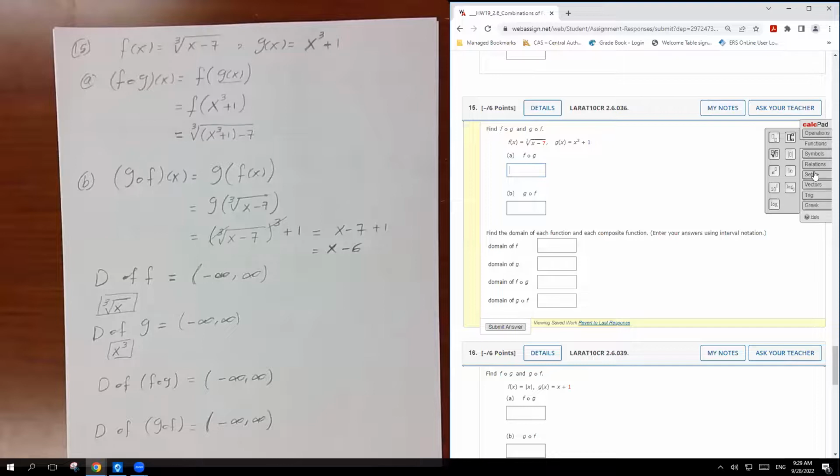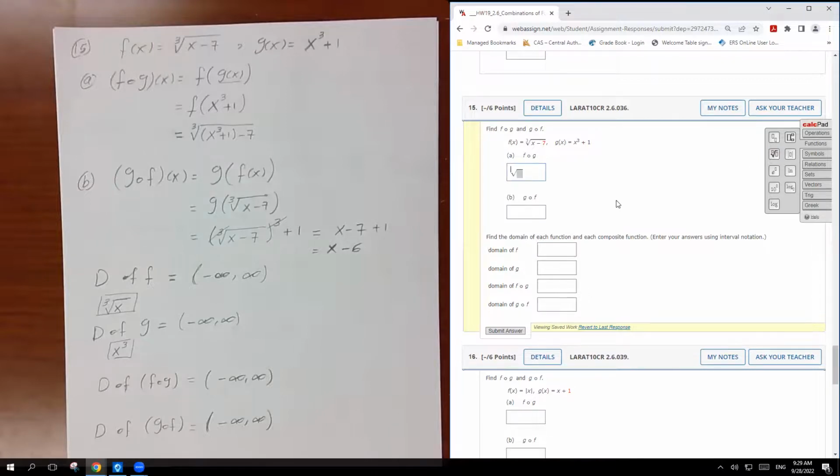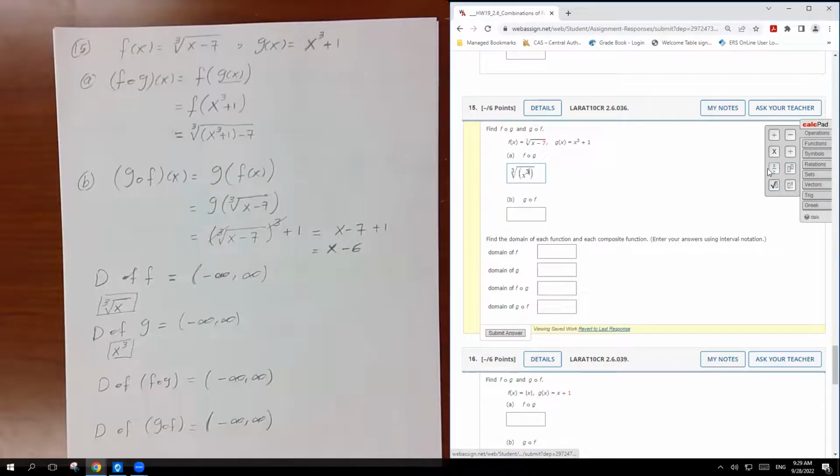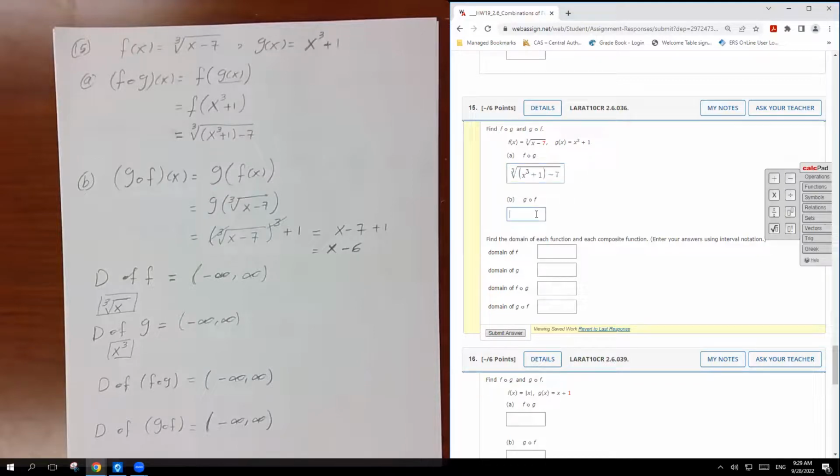When you go to the operation, there's only the square root. To find the cubic root, on the functions, here is the cubic root. Cubic root of, and here is going to be parentheses, and x cubed. I'll go back to operation. X cubed plus 1. And outside is still under the root, minus 7. And for the next one it's just x minus 6.